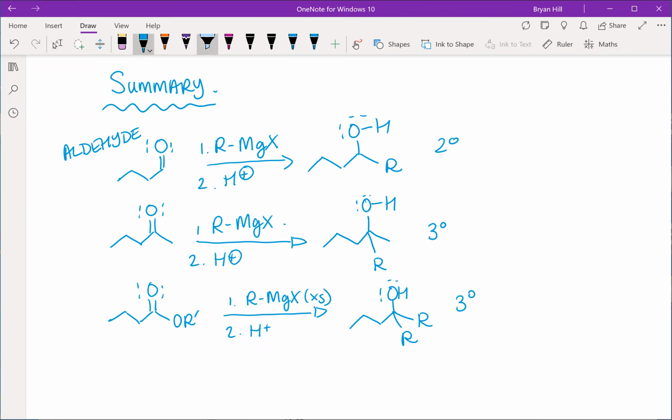Tertiary. The key point here is that this R is there twice.